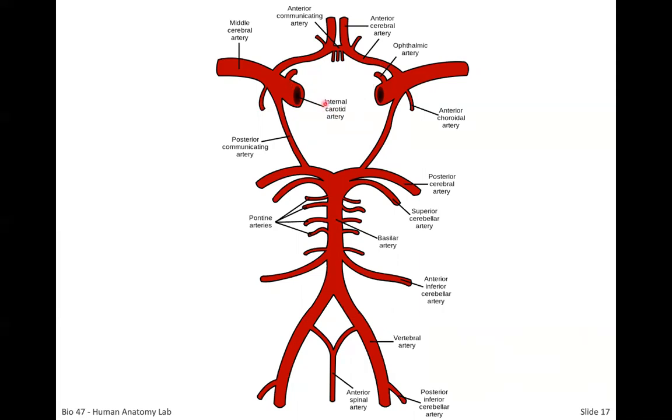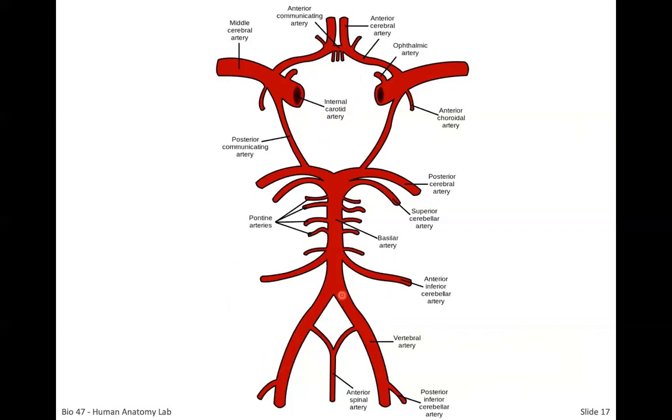So blood is coming in, one-way flow, through the carotid arteries. Blood also comes in through the 2 vertebral arteries. This one right here is a vertebral artery, and this one right here is a vertebral artery.